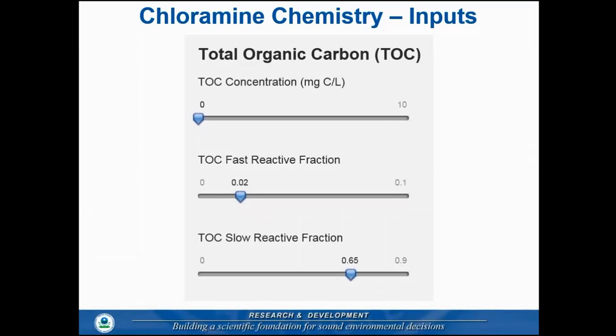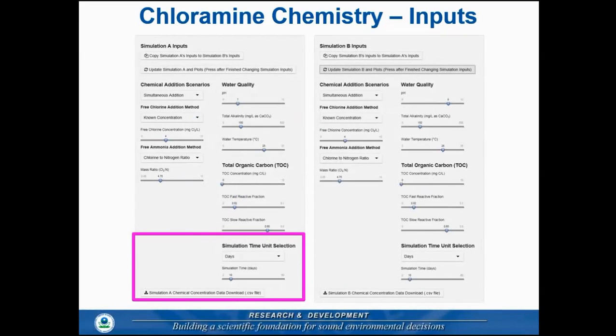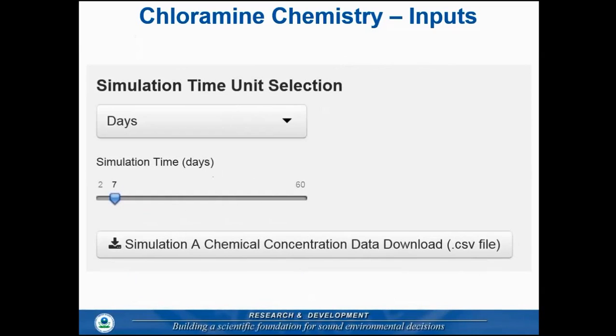If you want to turn it on, you just put in your TOC concentration and then select a fast or slow reactive fraction. I don't have time to go into detail what this means right now, but the Dewar source article up in the header will explain what these mean in detail if you want to reference those in the future. And then finally, it's an area where you select the time scale for the simulations.